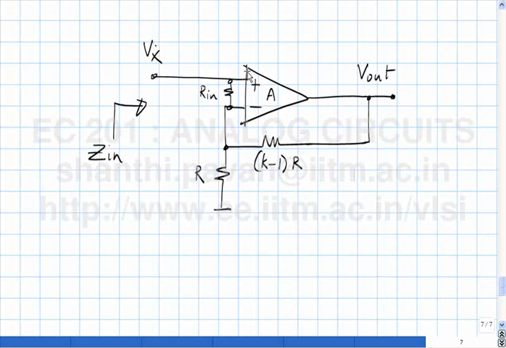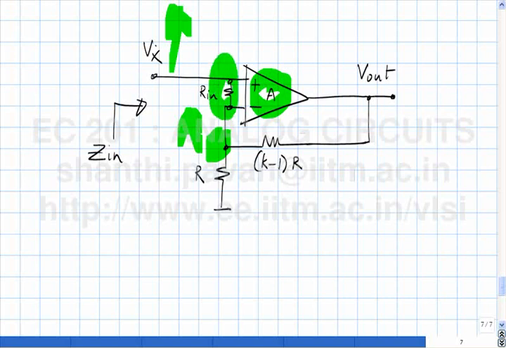Fine. And when I yank this node up, what happens to this node potential? This also goes up, and if the gain is finite, we see that the difference between these two voltages required to maintain a finite output voltage is... if there is some output voltage here, what must be the difference between the input of the amplifier to be able to maintain that output voltage?